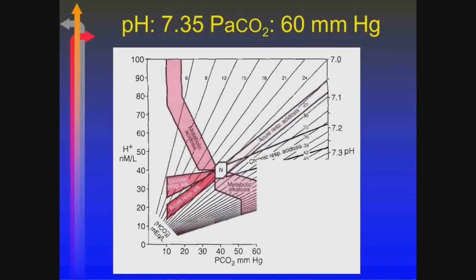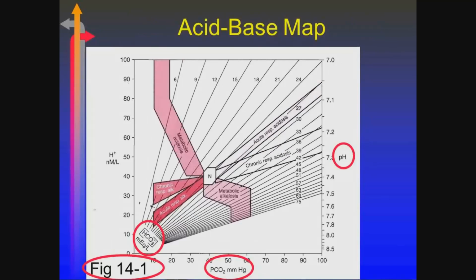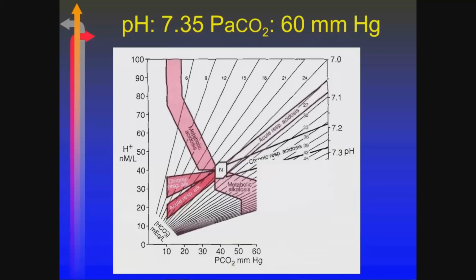So what you do is you take a piece of paper, and you put your piece of paper where the values you want are. So I'm going to cover up at the 7.35 point. I'm going to cover up at the 60 point, and look where it lands. Chronic respiratory acidosis with a bicarbonate level of about 32.5. This distance here, 32.